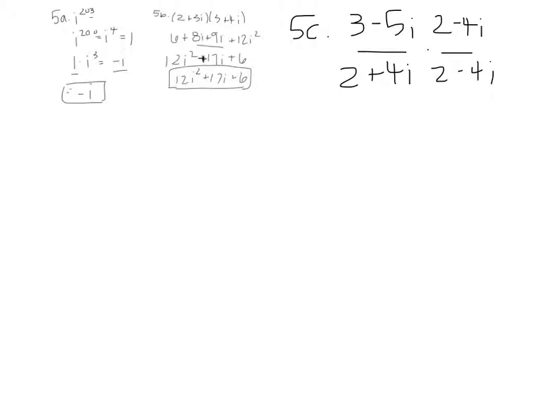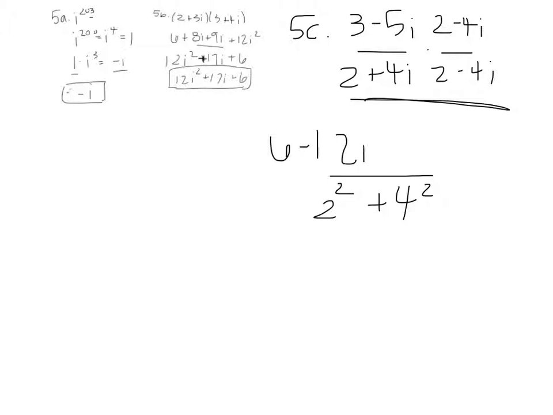And so when we do that, the bottom is going to add up to 2 squared plus 4 squared. And this top part, when we FOIL it, we're going to get 6 minus 12i minus 10i plus 20i squared.